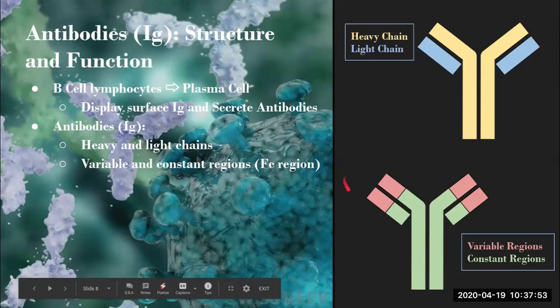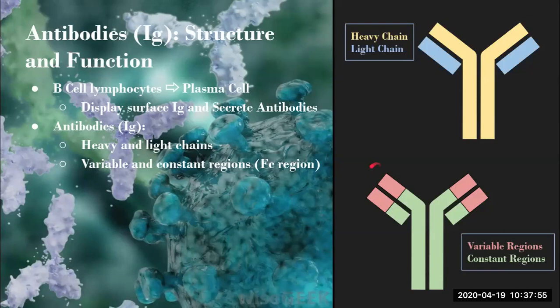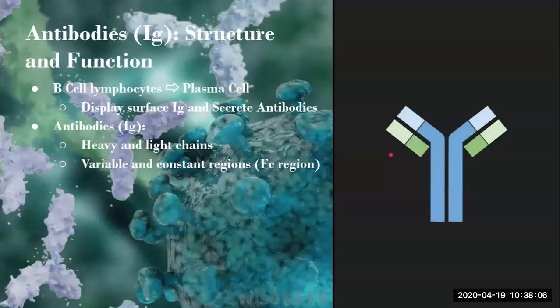The variable region is important in that it is what recognizes the antigens. This is what provides the specificity of the antibody to its particular antigen. So combining what these two regions look like, we wind up with a molecule that can be displayed in this fashion.